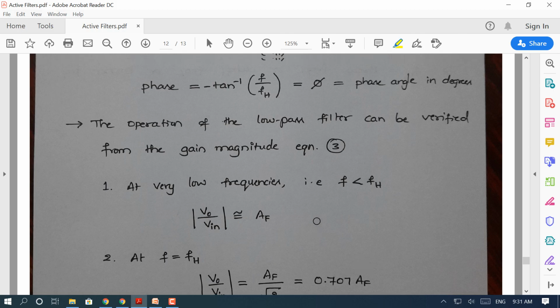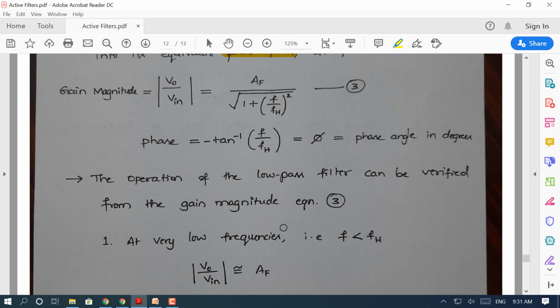At low frequencies, when F becomes very much less than FH, we can observe from this equation that the complete term gets eliminated, and we are left with just root of 1. FH is in the denominator and is very large, and F is very small, so this becomes redundant.